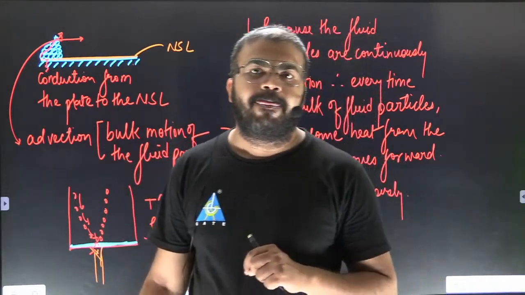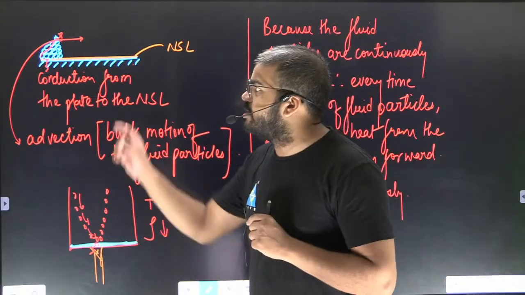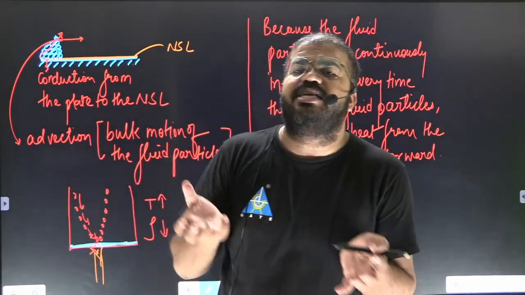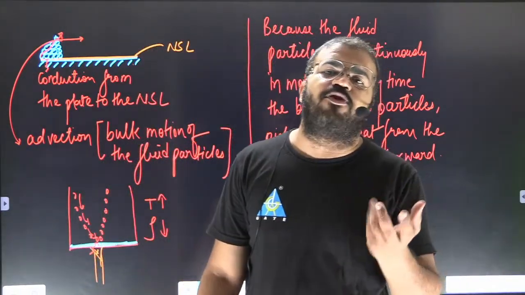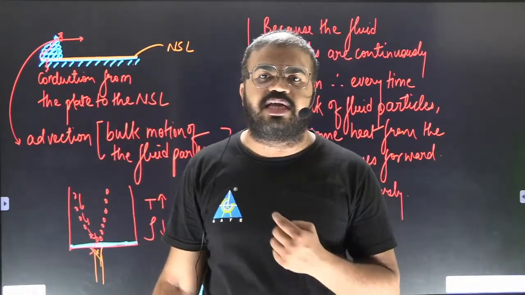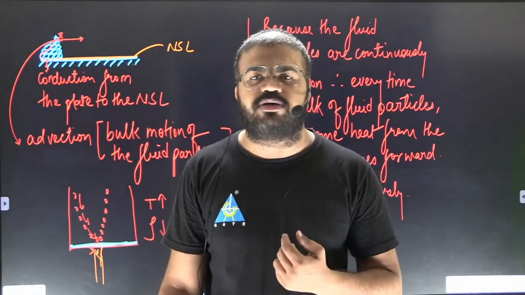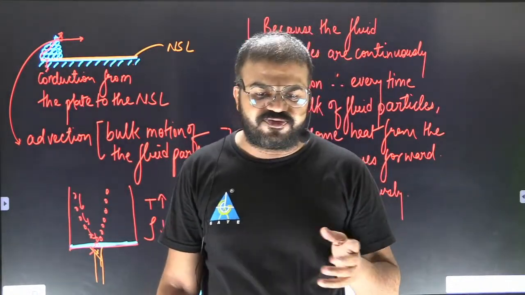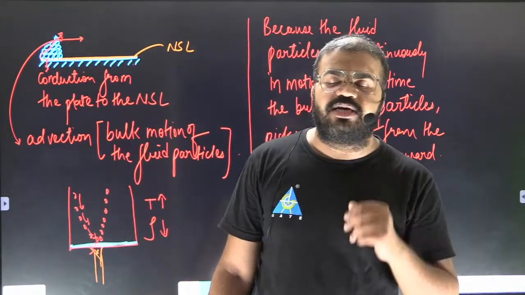Specific heat is a property which describes the heat storage capacity of a system. For example, for water it is 4.18 kilojoule per kg Kelvin. Means for a unit Kelvin change of temperature and 1 kg of water, it can store 4.18 kilojoule of heat. Whereas for air it is 1.005, sorry.